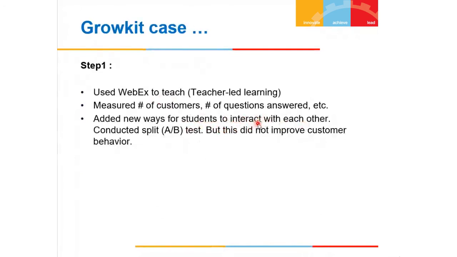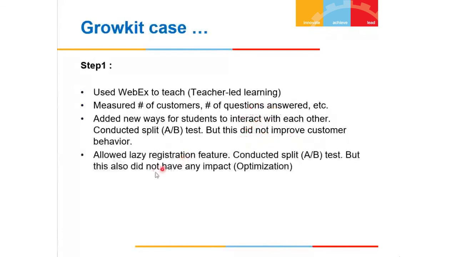Maybe he gave it to a fraction, maybe 20%, 30% of students. He wanted to find out whether there was any improvement in behavior, in terms of being able to answer questions, for example. He found that it did not really improve much. The learning was not greater than what it was before.